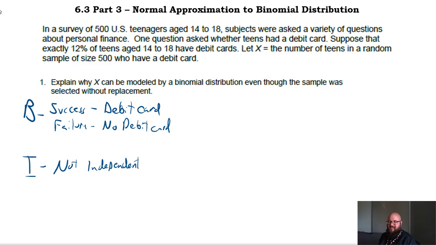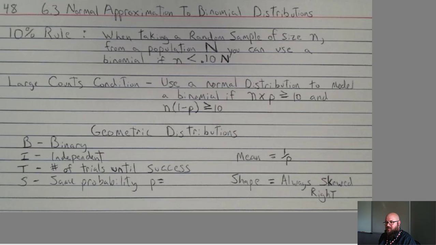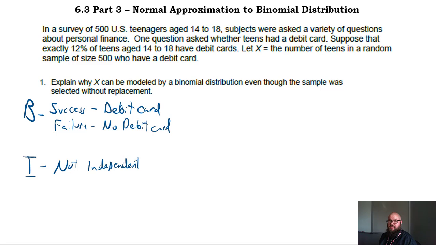But what we can use is one of our rules that we talked about a second ago: the 10% rule. In other words, when taking a random sample of size n from a population, you can use a binomial if your sample size is less than 10% of your entire population. That's the 10% rule: less than 10% of your entire population.